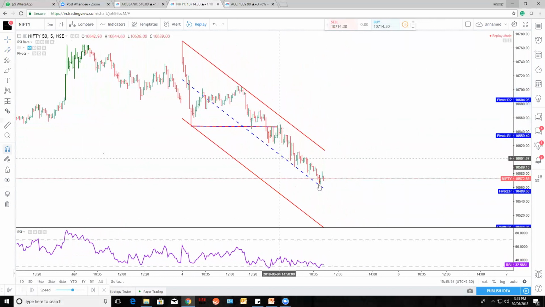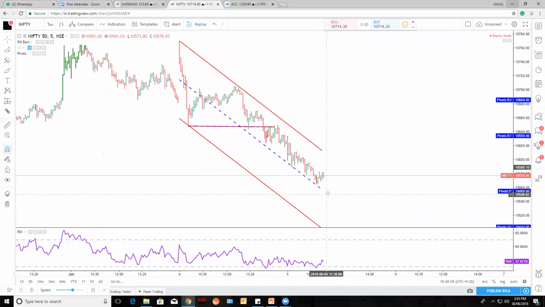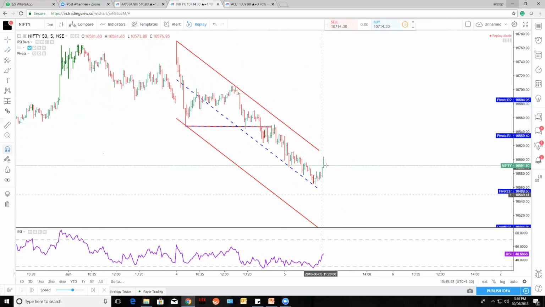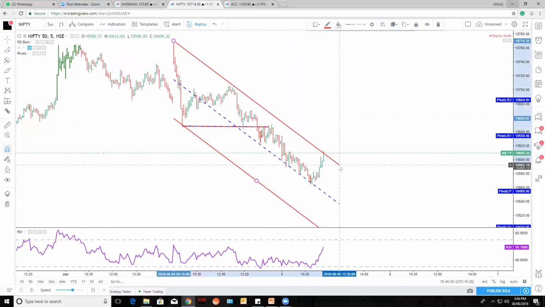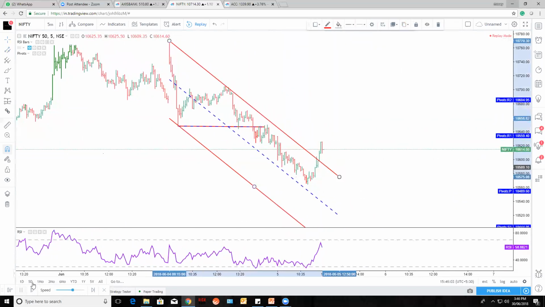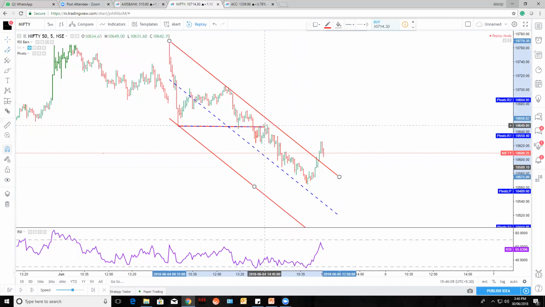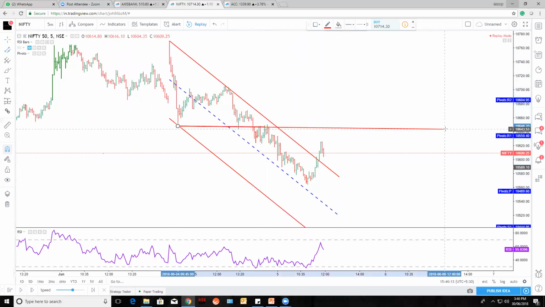See, this midline is acting like a support here, right? This midline is acting as a support now. See, at this particular price, it broke the channel. So at least a pivot point, or at least the previous high. So this is the previous high. So we need to break this to confirm the buy side.